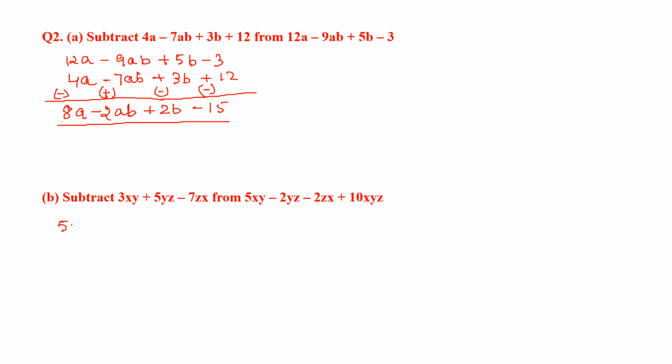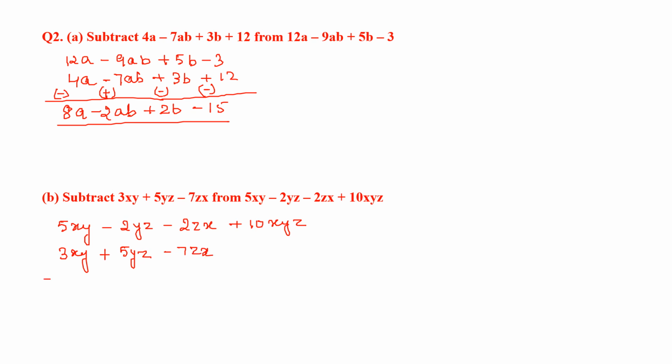So it will be 5xy, then minus 2yz, then minus 2zx plus 10xyz. Then below that you have to write the other expression. Just keep it in mind, like terms should fall one below the other. So 3xy plus 5yz minus 7zx. Okay, it has got only 3 terms.